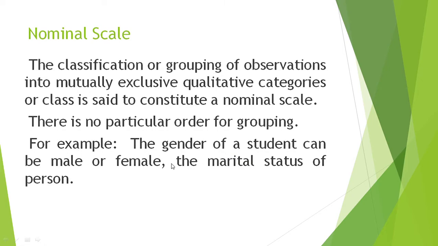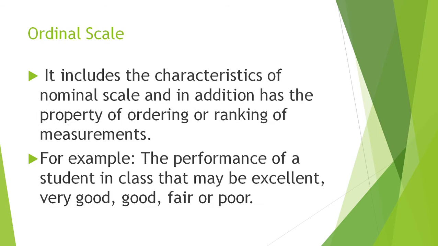So this is nominal scale. No order is given, no preference is given to anybody, you just have to select your gender. And likewise marital status also, married or unmarried, you will just select one. So these are the nominal scale, in which some categories are given to you.